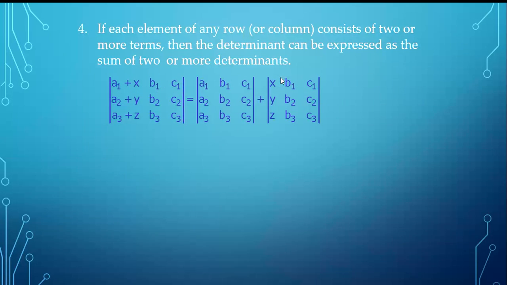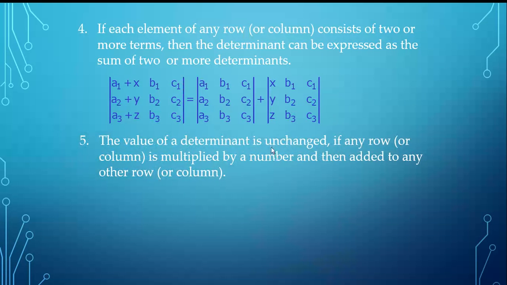When you verify this, you will find the two sides are equal. So if any row or column has an addition of two numbers, we can separate it into two determinants.